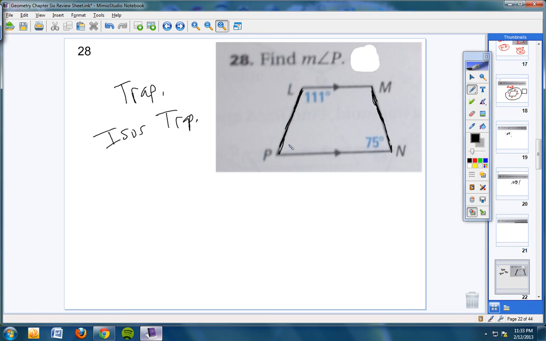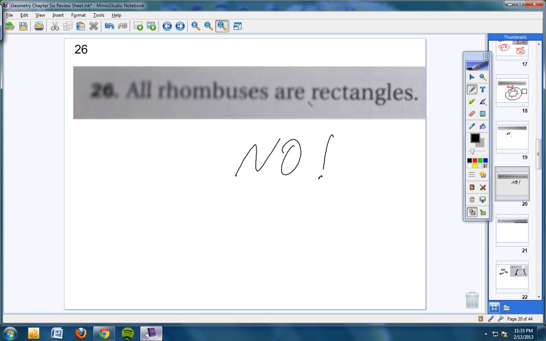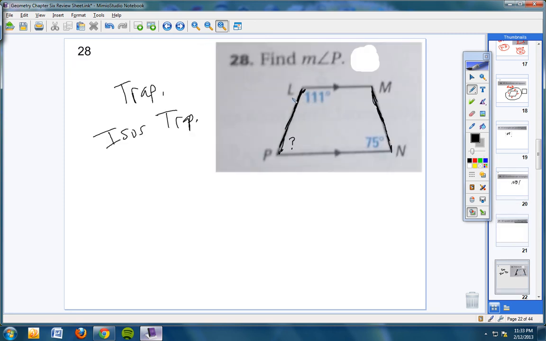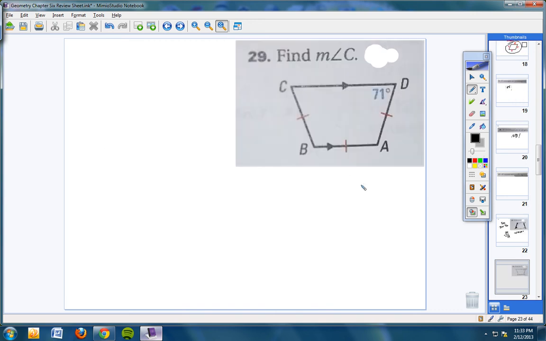So they want you to find this angle right here, while this angle here and this angle here are on the leg. They have to be supplementary. So I'm going to take 180, subtract out 111, and that'll give me 69 degrees. So the measure of angle P is 69 degrees.